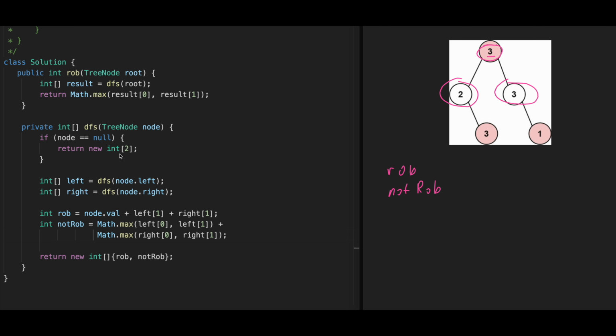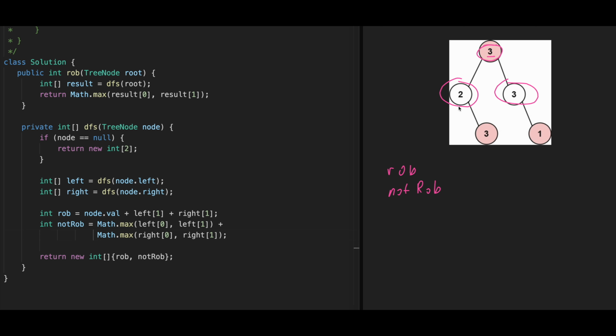The first one represents the state when it's robbed, which means that we are including that value. And the second one is when it's not robbed, which means that it does not include that value, so it does not include the node 2 in this case.